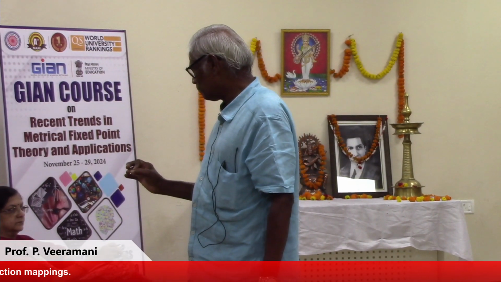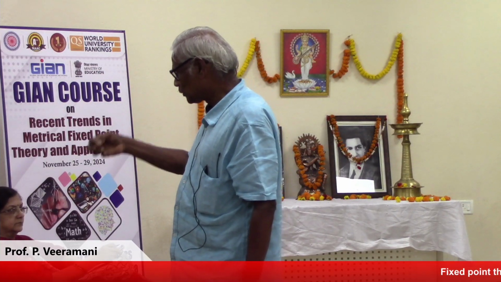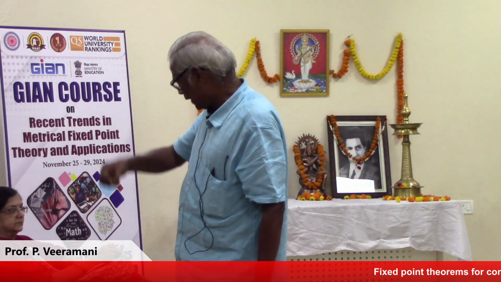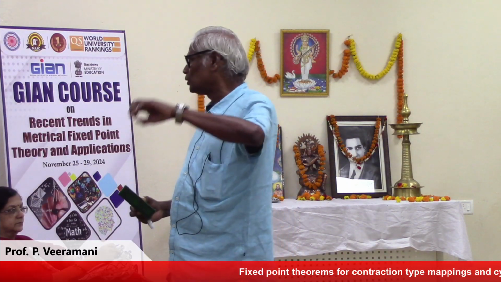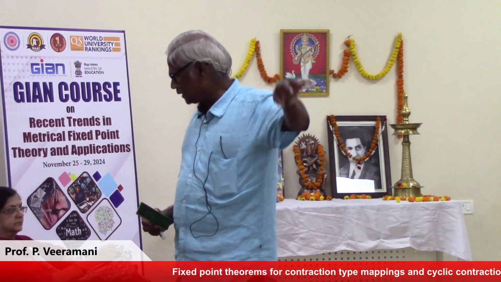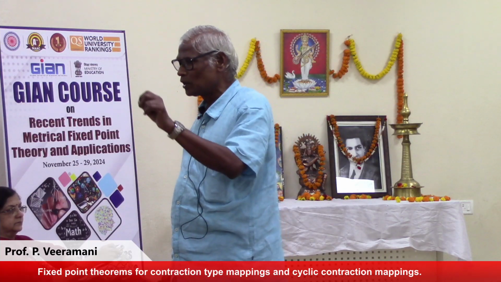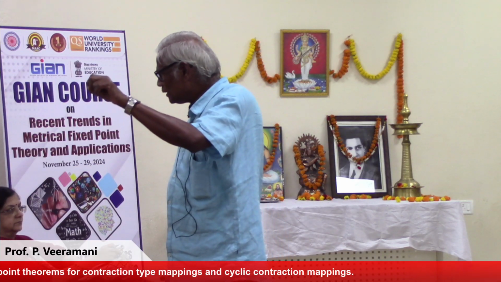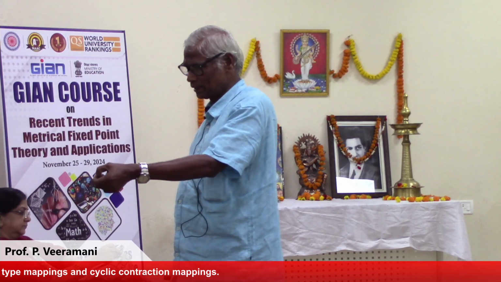What is our aim? To define a topology, which we are calling tau suffix omega, on X, that is going to be the smallest topology on X satisfying the condition that whenever F belongs to X prime, the dual space, the set of all continuous linear functionals.